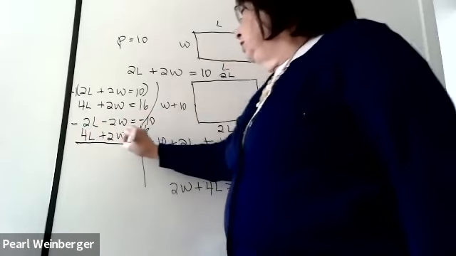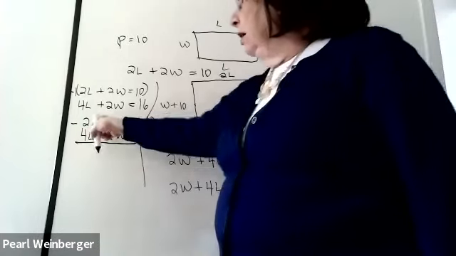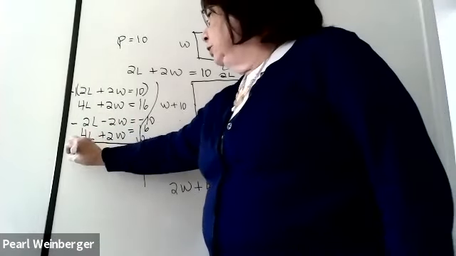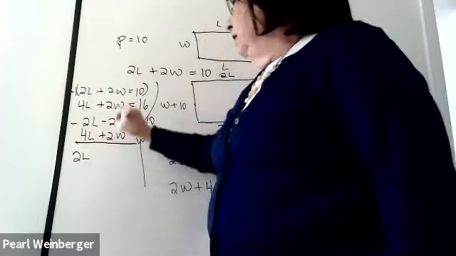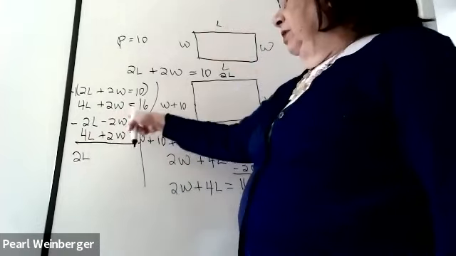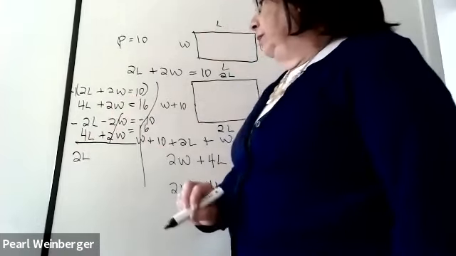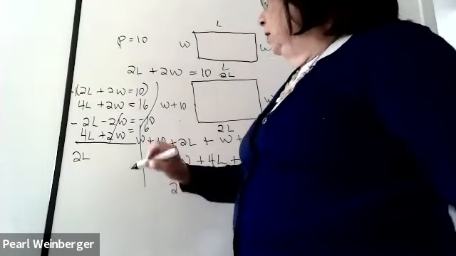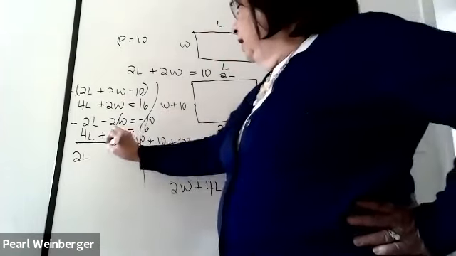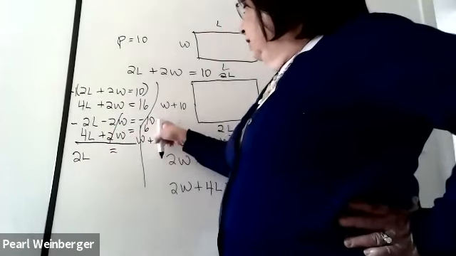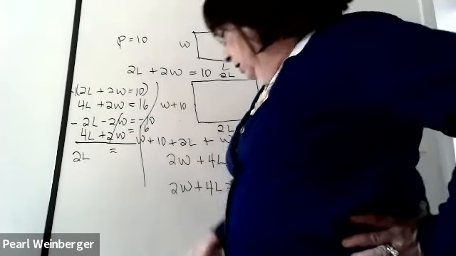And when I add these two equations together, -2L plus 4L gives me 2L. That's why I can do it, because now the W's are going to be eliminated. And that equals the -10 plus the 16.